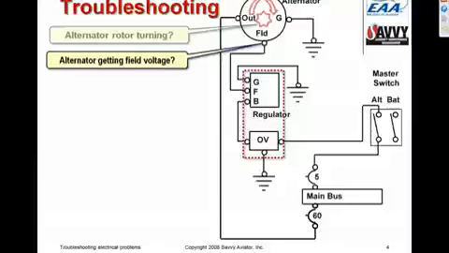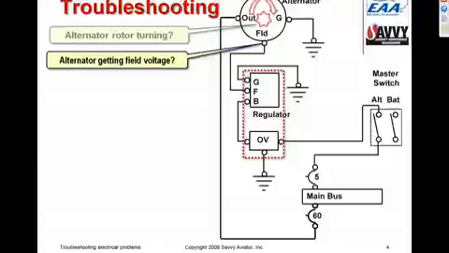If we make this measurement in the hangar with the engine not running, we should see something approximating battery voltage at the field terminal, either 12 or 24 volts, depending on what kind of system you have.